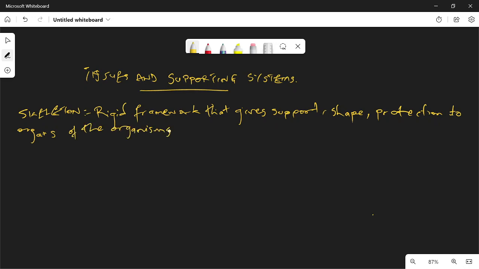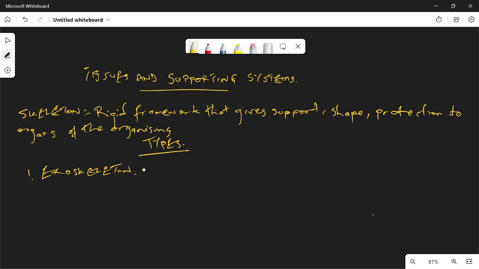And then we went on to talk about the types of skeleton that we have. We talked about the exoskeleton. I hope you can still remember that.